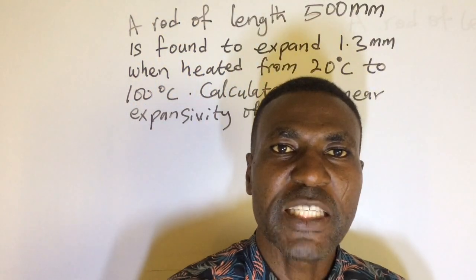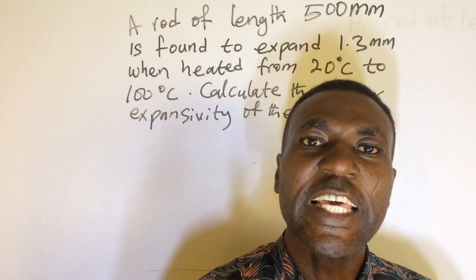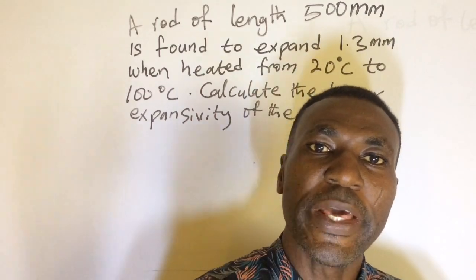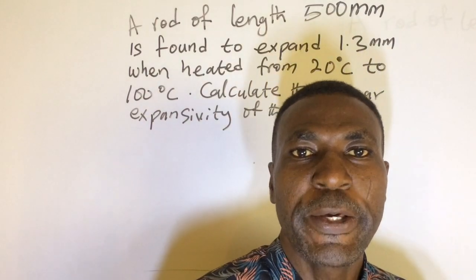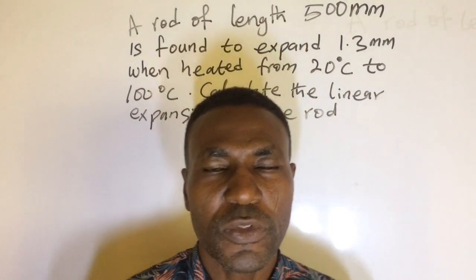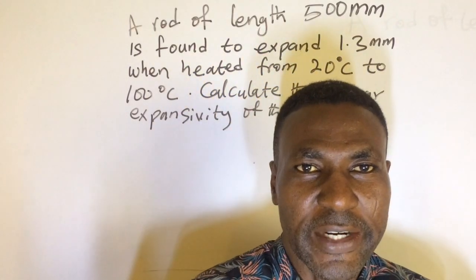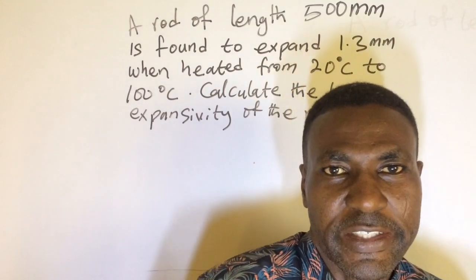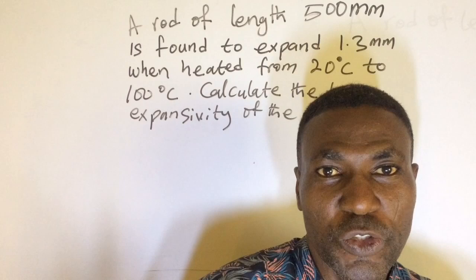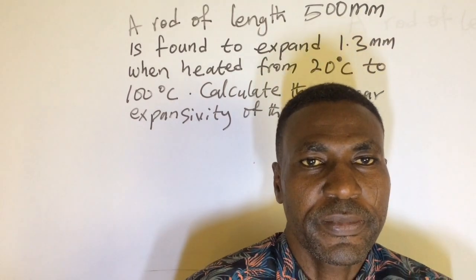The linear expansivity of the rod is the increase in length per original length per rise in temperature, right? So, the linear expansivity of a material is the expansion in relation to the original length and the change in temperature.